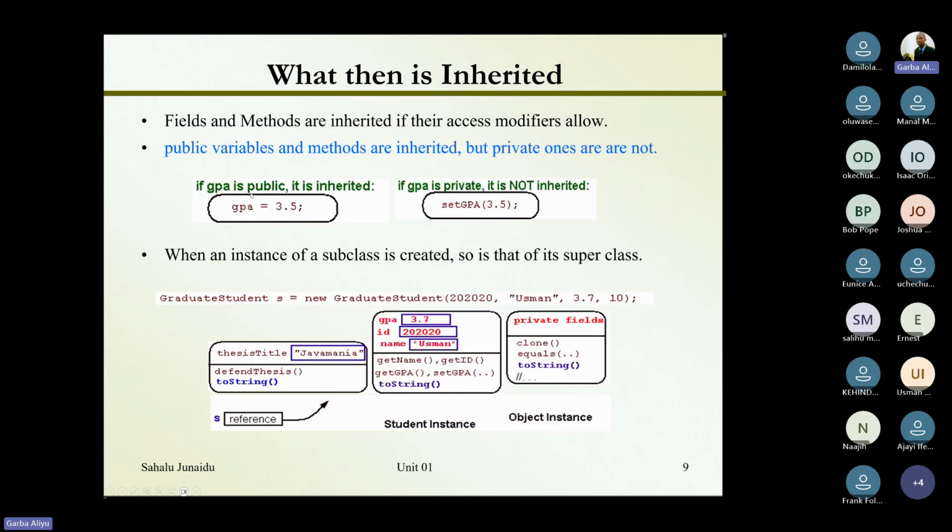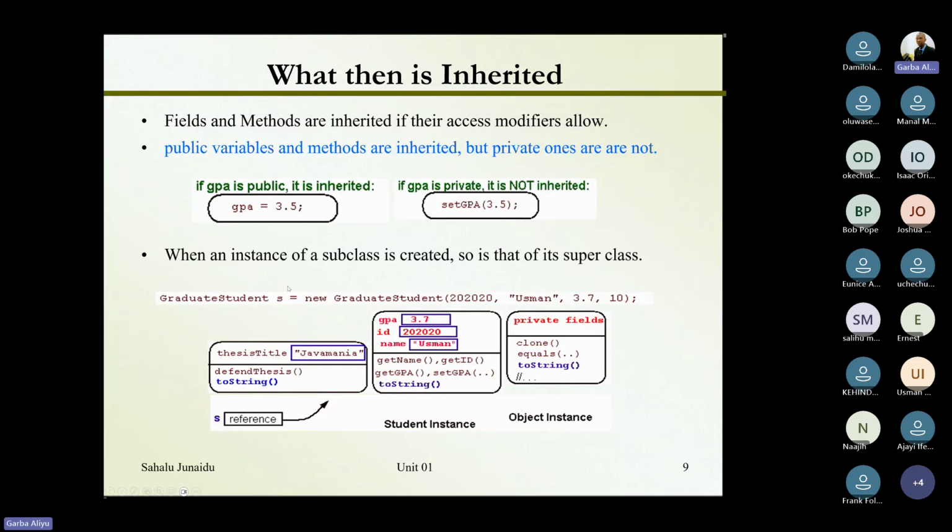And we said this memory is public, meaning from any class you can come and access this. You can change the value, you can read the value without any restriction. But when we make things private, it means only members within the class can access the private member. So this is why we say if GPA is private, it is not inherited here. So you cannot inherit this method at all if it is private.